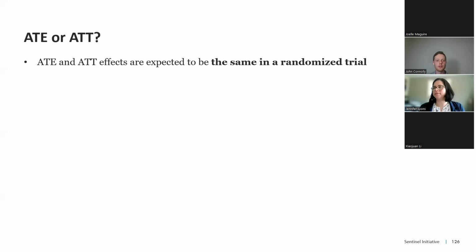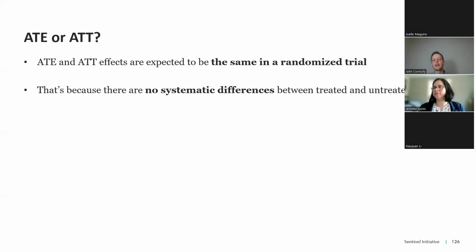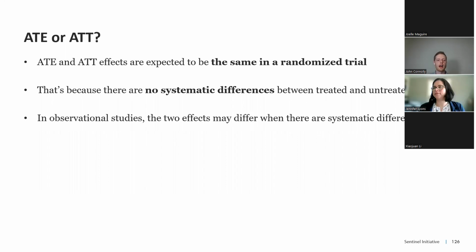So when it comes to choosing which one you want, if you're not sure, I think it's helpful to remember that we would expect these two different effects to be the same in a randomized trial. And the reason for that is because we wouldn't expect to see any systematic differences, either measured or unmeasured, between treated and untreated or reference patients because of the randomization. But obviously in observational studies, we do expect to see this a lot of the time.